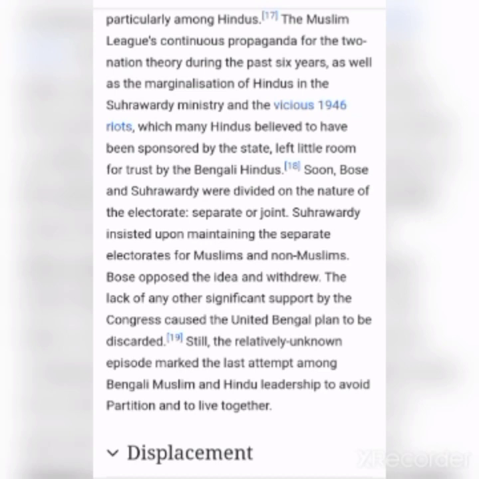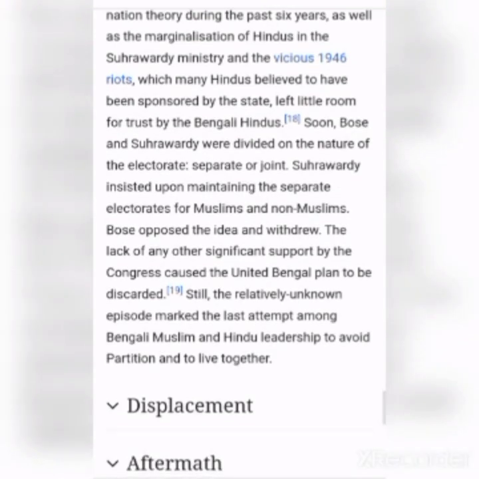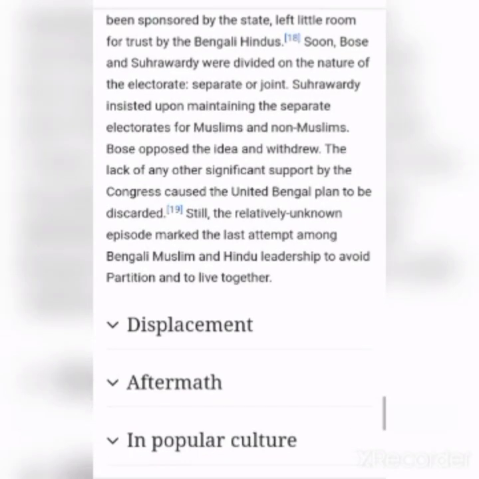With the lack of any other significant support from the Congress, the United Bengal plan was discarded. Still, it was a relatively unknown episode that marked the last attempt among Bengali Muslim and Hindu leadership to avoid partition and to live together.